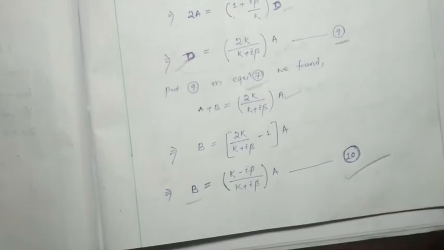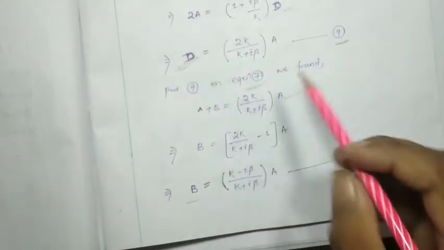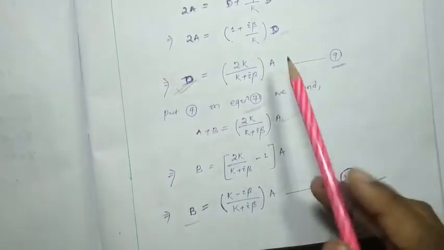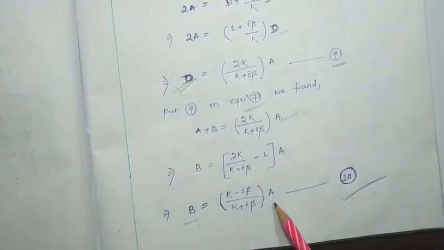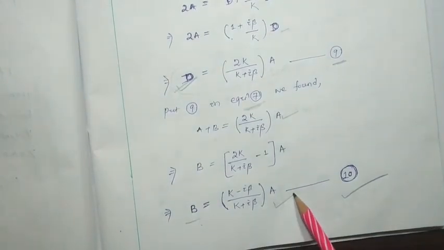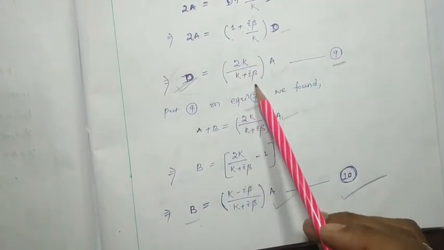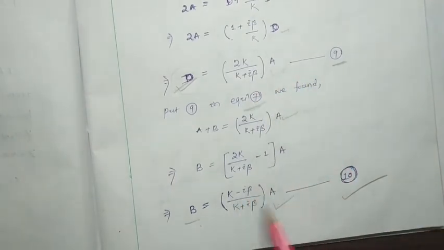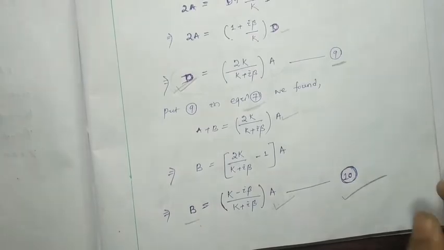Let this be equation number 10. So we found d in terms of a, and also b in terms of a, in equation number 9 and equation number 10.